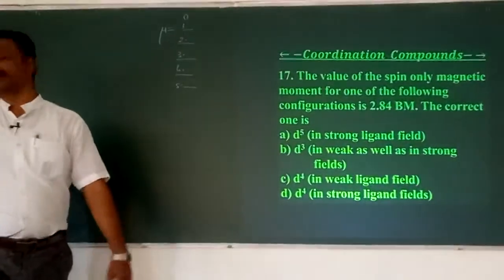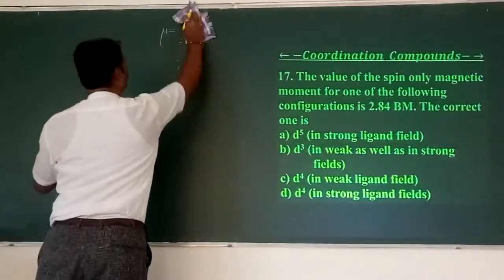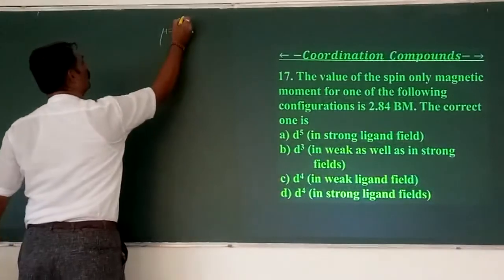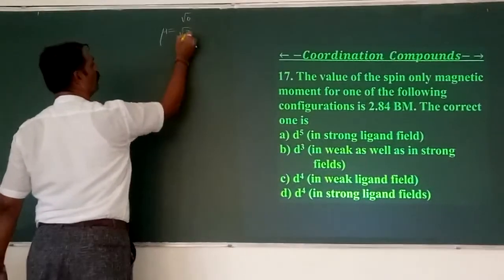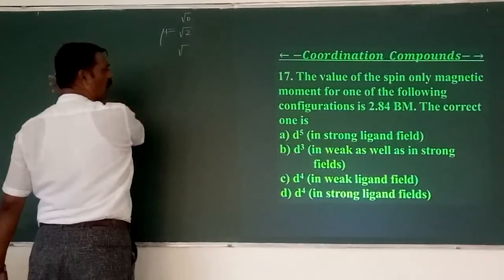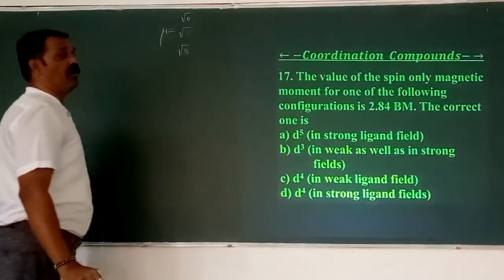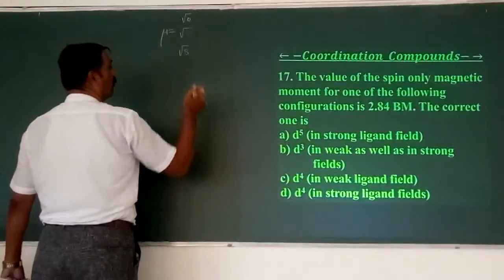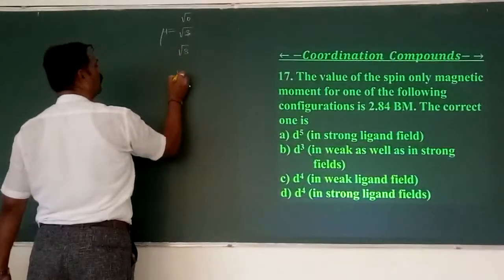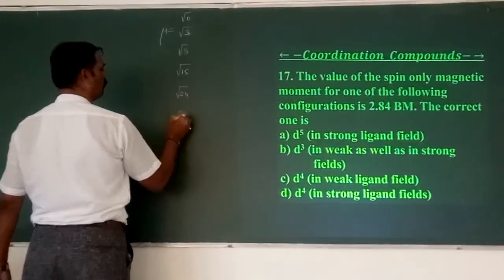So usually I will write directly that mu is equal to root 0, root 3, root 8, root 15, root 24, root 35.